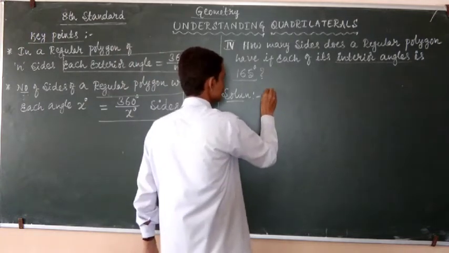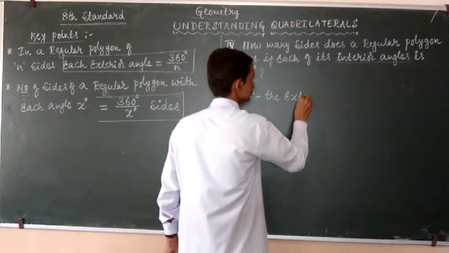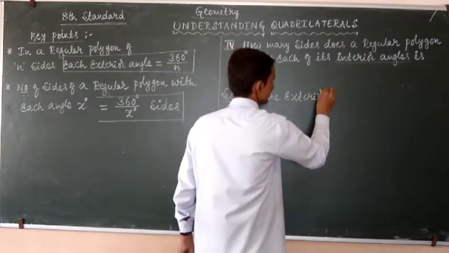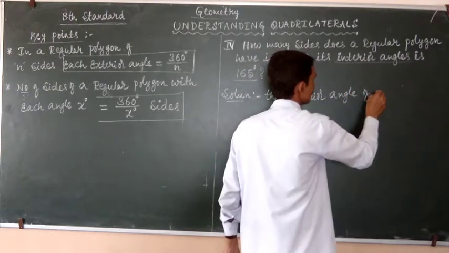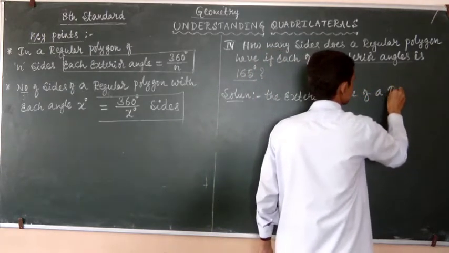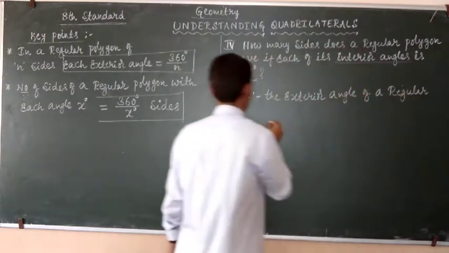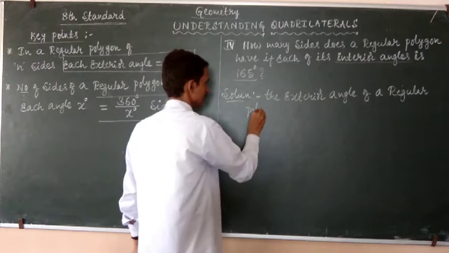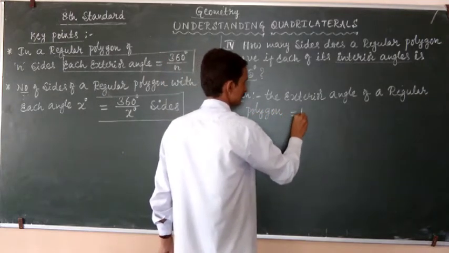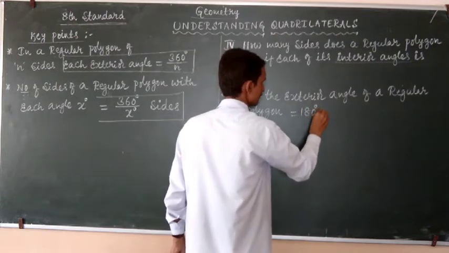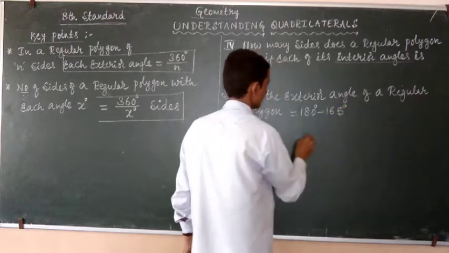So the exterior angle of a regular polygon equals 180 minus 165 degrees.